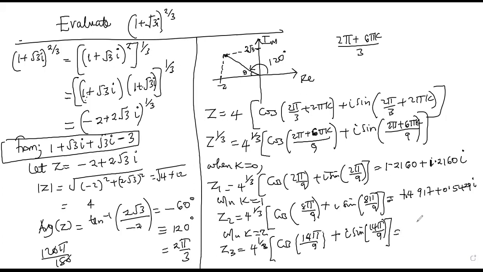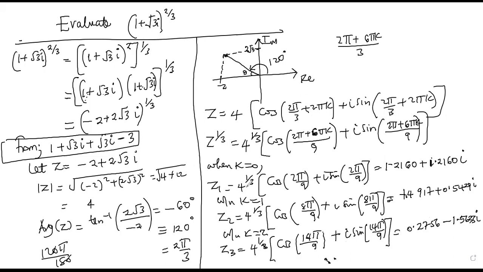So this is going to be equal to, the real part will be 0.2756, and this will be a negative 1.5633i. So we've gotten z3.